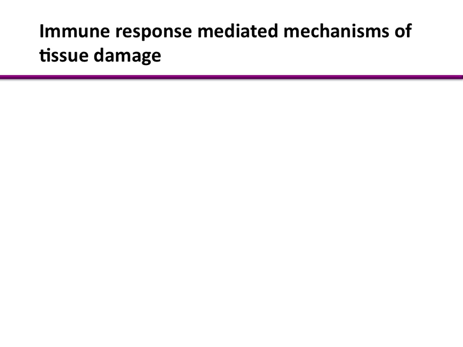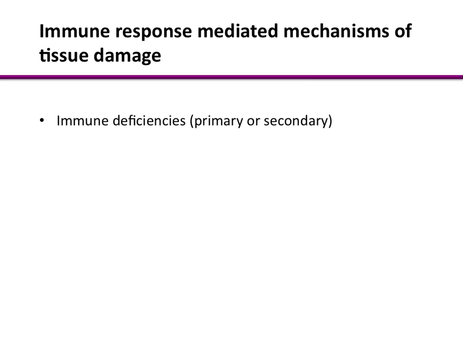Okay, so if we talk about how immune responses can mediate tissue damage, one way is, of course, immune deficiency, where the body does not protect itself against infection, whereby you get damage caused by invasion by microbes. This can be primary or secondary.